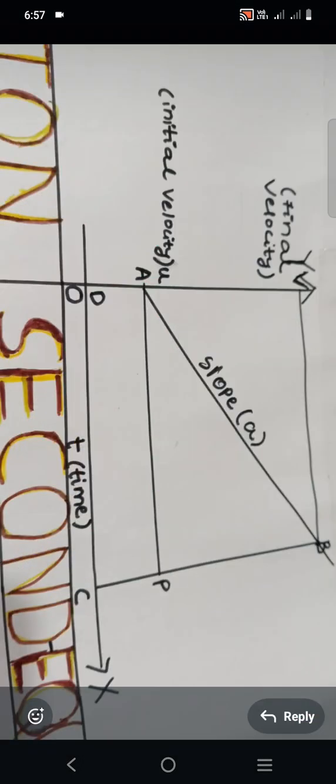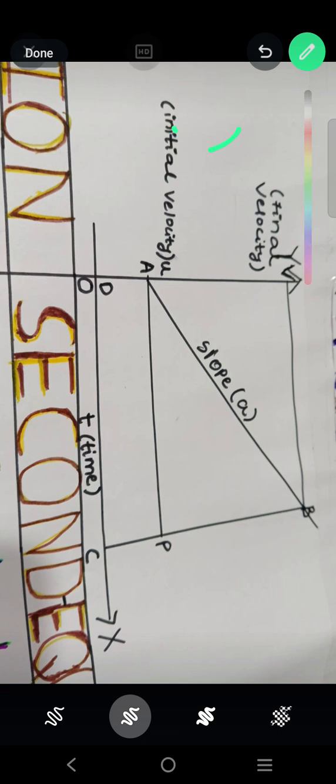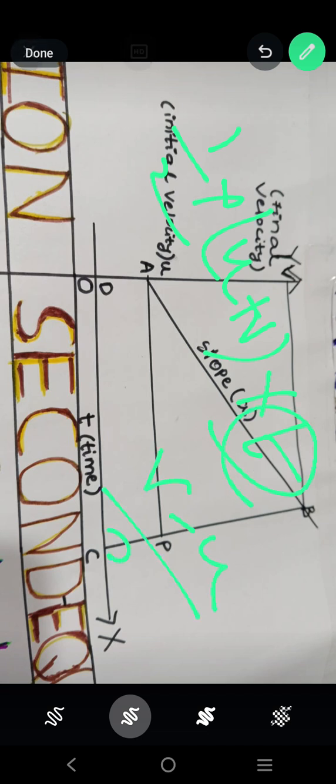Now see, we have calculated half into u plus v into t. Can we write t as v minus u by a? Yes, it is obviously right. So half into u plus v, and v minus u. What is it? a plus b into a minus b formula, right? a square minus b square.